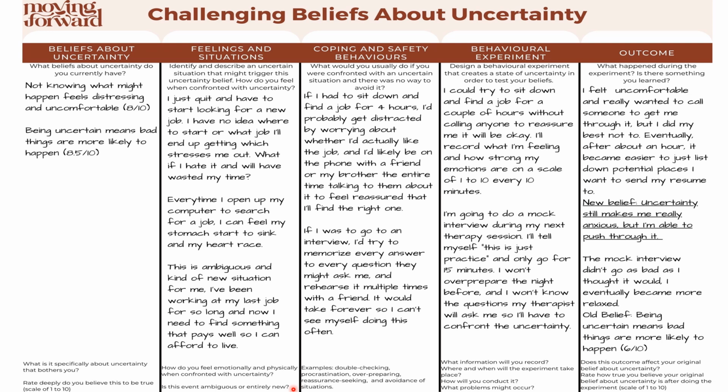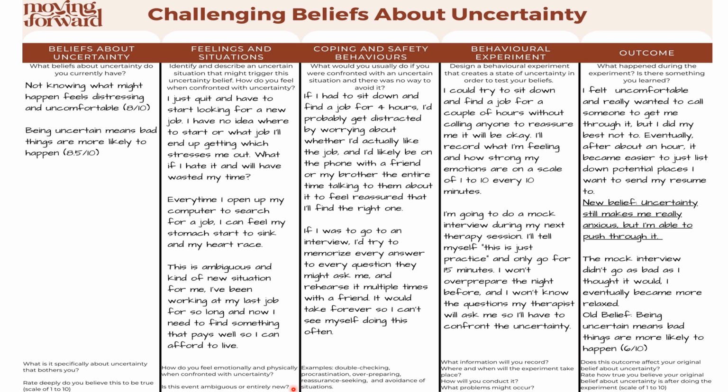Moving on is the coping and safety behavior section. So here, you'll be helping the client describe how they would typically cope in uncertain situations, which they have previously mentioned, and if they could identify and explore safety behaviors such as procrastination or reassurance seeking, over-preparing, double-checking, avoidance of situations that the client may typically use to cope when facing uncertainty.